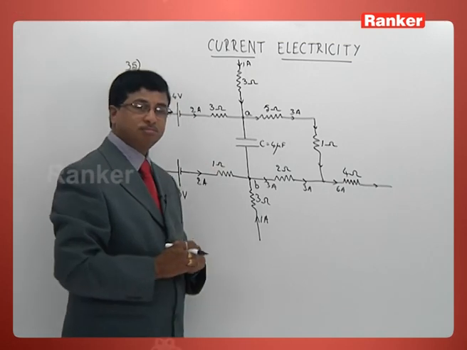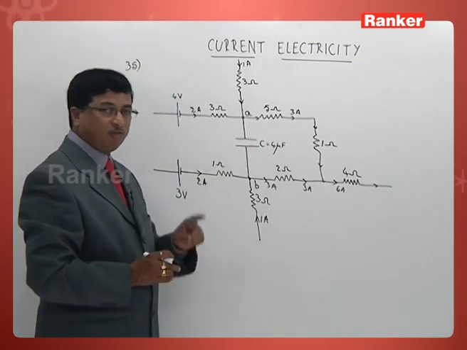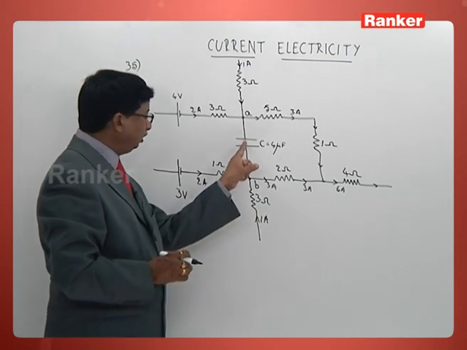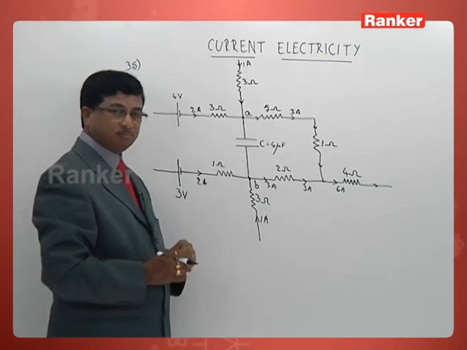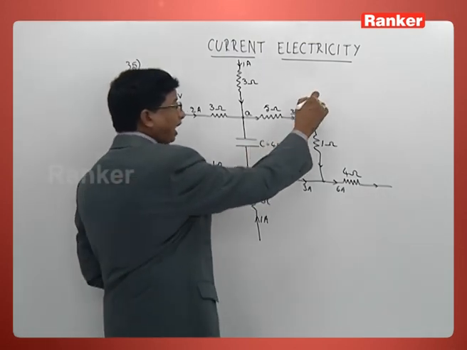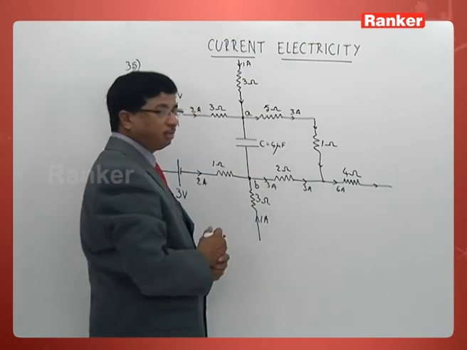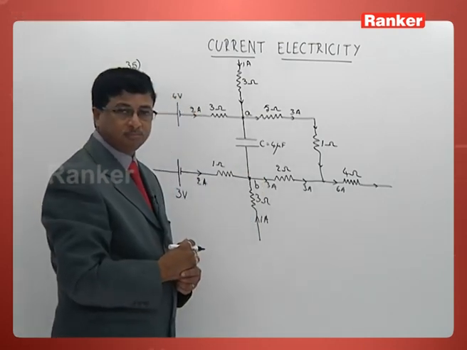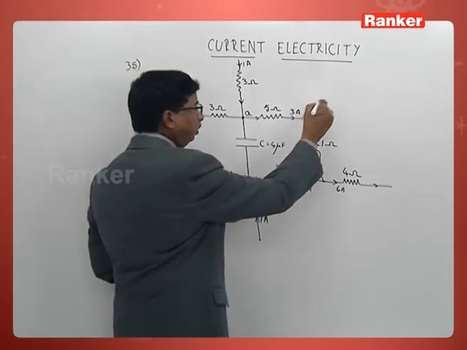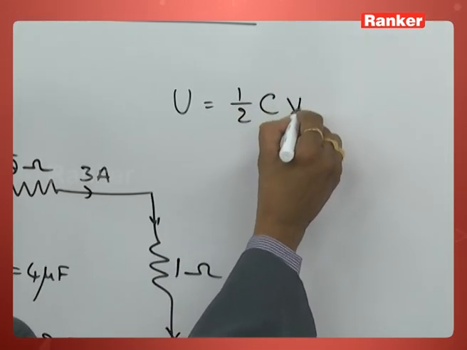One thing you should understand from this circuit, if you want the energy stored in this, then what you should do? You should calculate the potential difference across the capacitor. What is the reason? You can directly take energy as half CV square.